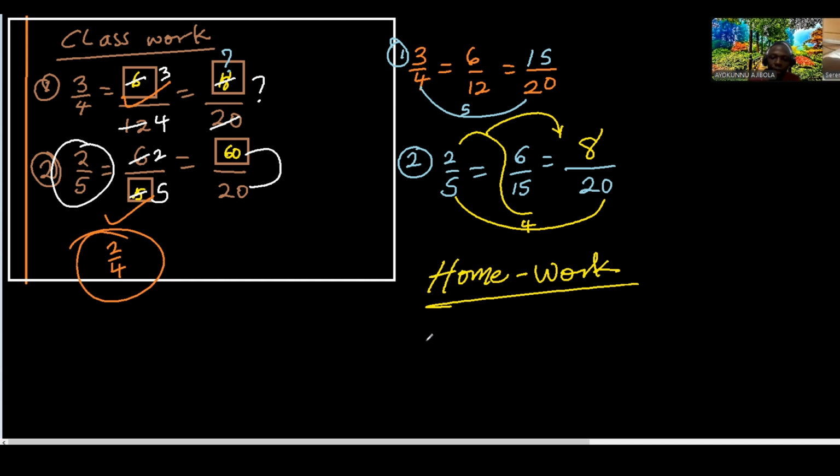Then the homework you're going to do is going to be this. Let me see. Let's say we have number 1, 2 over 3 equal to something over 9.